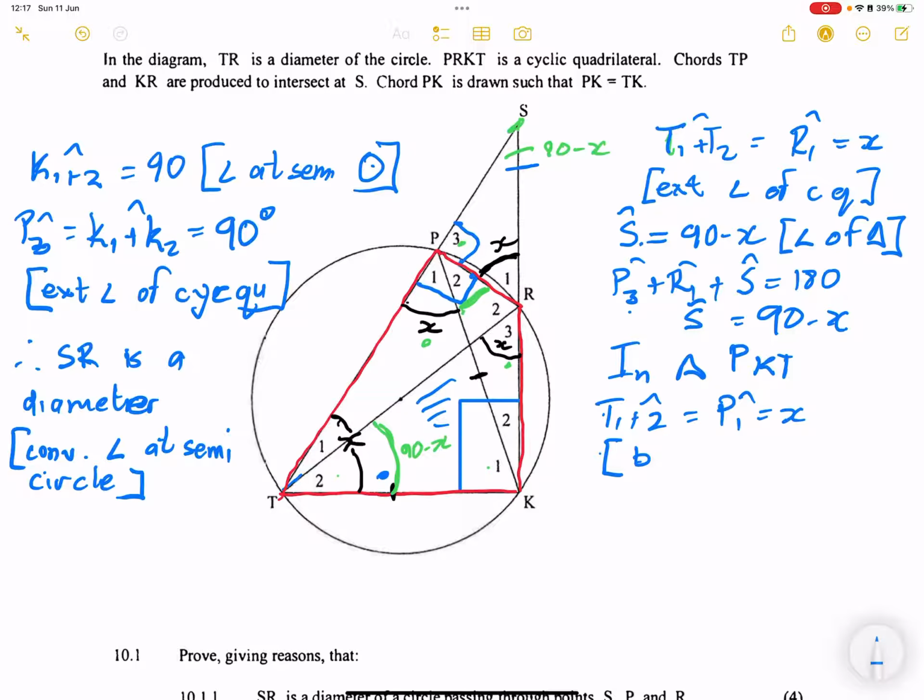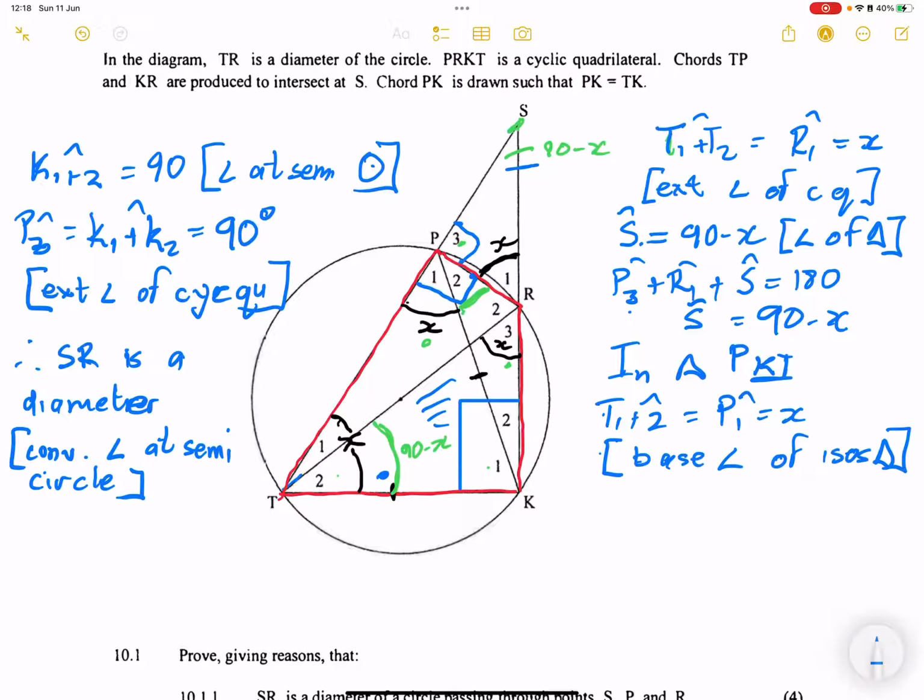And we said these are base angles of an isosceles triangle PKT, which is the one we spoke about there.